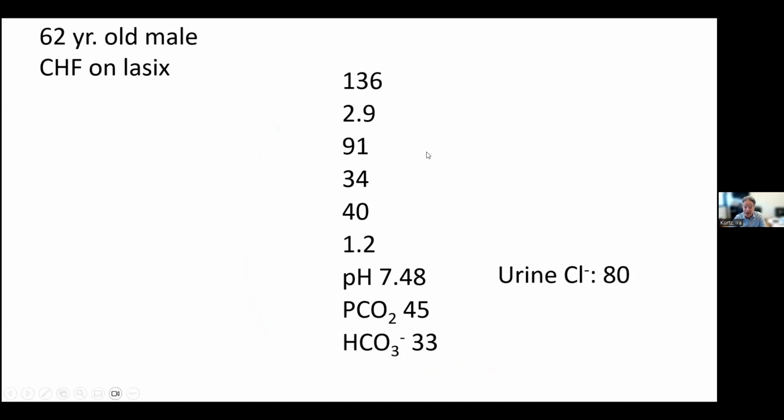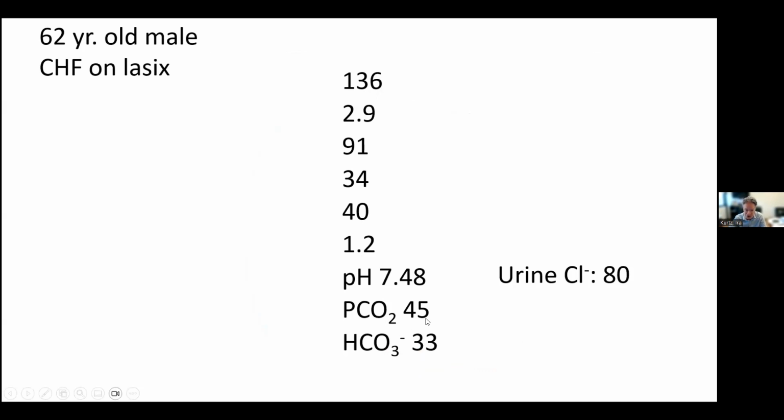Okay, so here is another patient on Lasix. Sodium's a bit low, potassium's low. I haven't talked about why the potassium's low. It's a separate lecture on the last two cases, but for now we'll just ignore it. The total CO2 is 34. It sort of matches the bicarbonate.